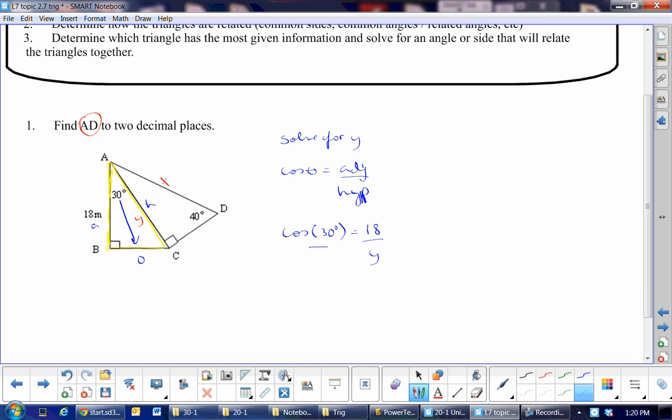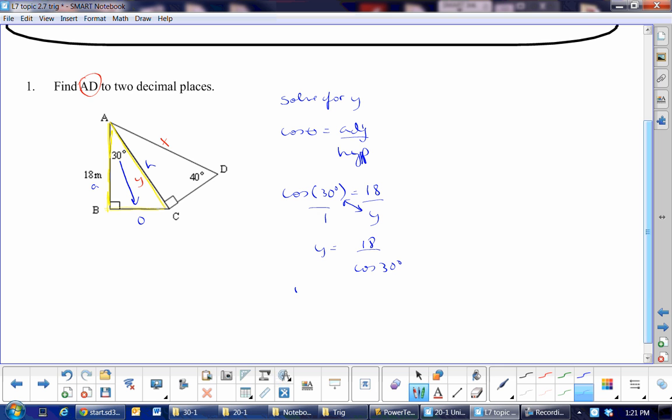Now these two can trade places, so then we would get y equals 18 over cos 30 degrees, and you will get y to equal 20.7846. Now we don't want to round, because it will affect our final answer too much. If we round here and then we round again for our other answer, we would be rounding way too much. We'd lose too much information.